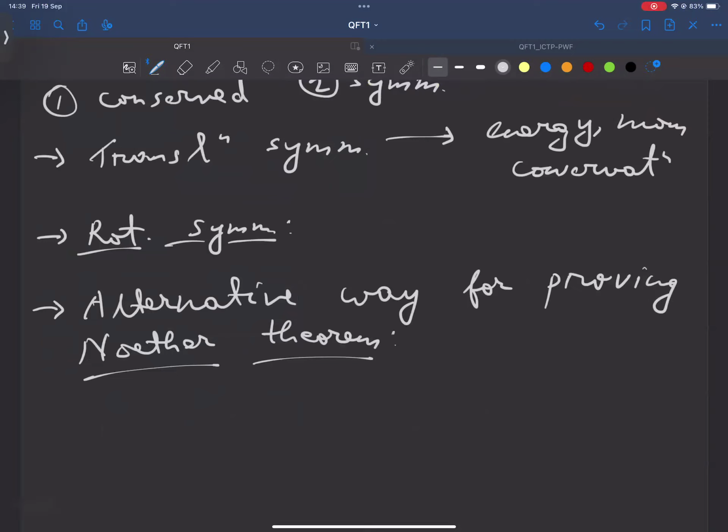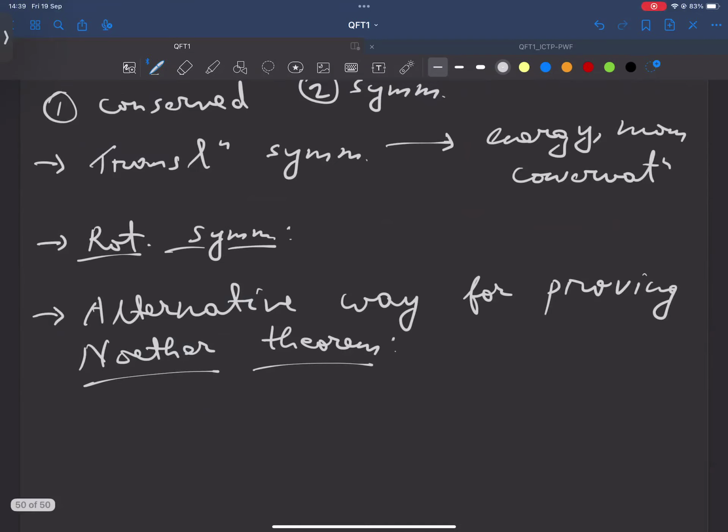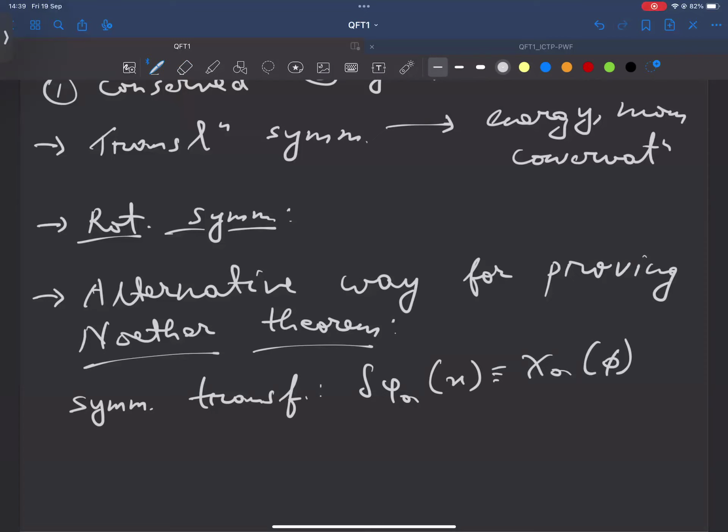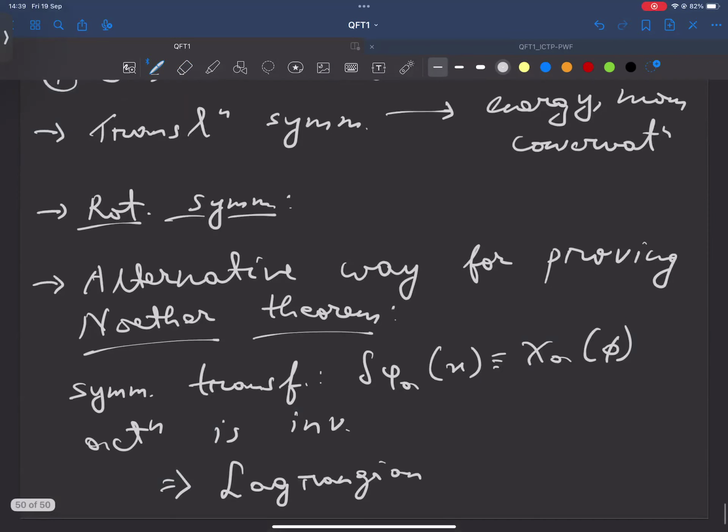So let's recall what we want to prove. We want to argue that if there is a symmetry transformation, del phi A of x, some symmetry transformation X_A of phi, then by definition, since this is a symmetry transformation, the action should be invariant, which implies that the Lagrangian L can at most change by a total derivative, right?